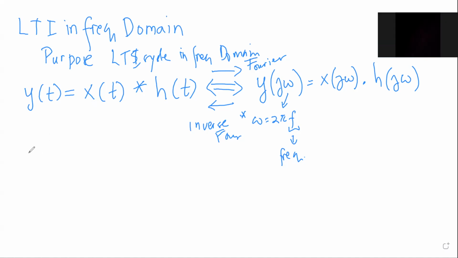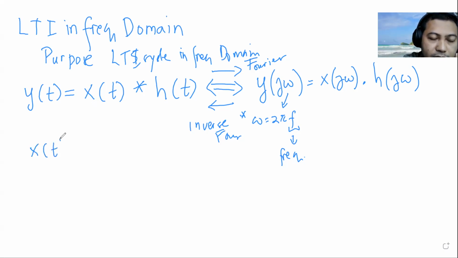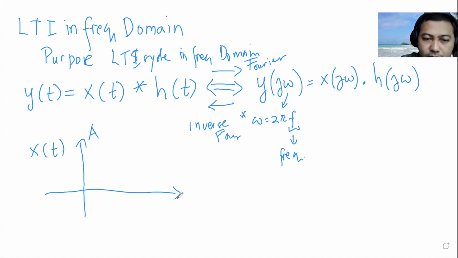For example, let's say we have x(t) here. Let's pick some signal, and this is the amplitude, and this is the time domain, right? Let's say x(t) becomes a sinusoidal signal, so it looks like this. This is the amplitude, maybe 1 or -1, okay?